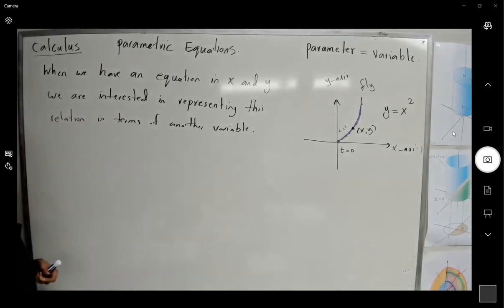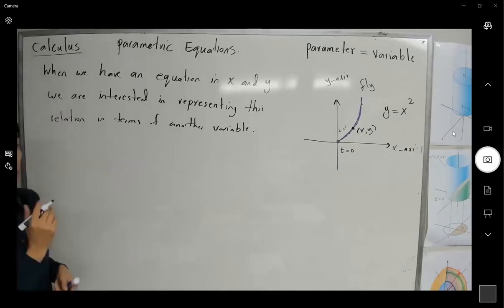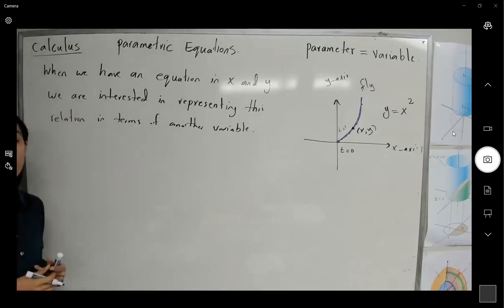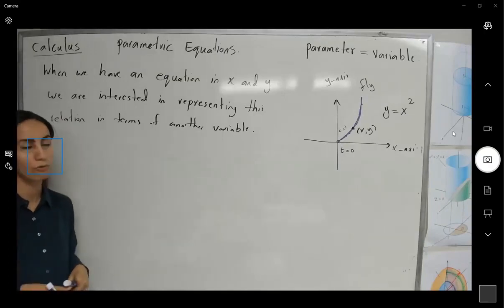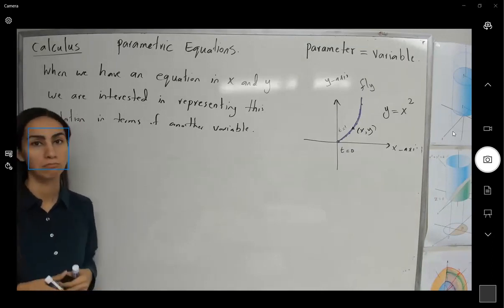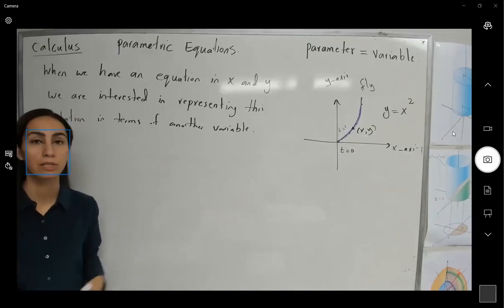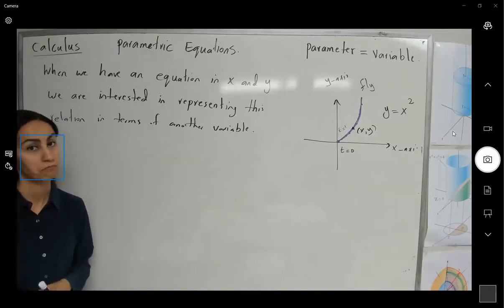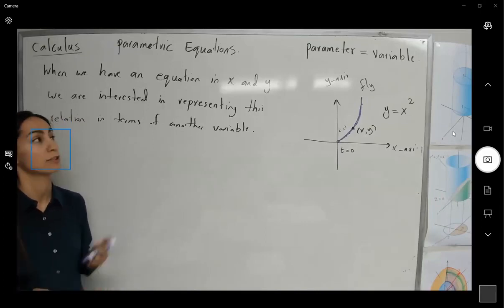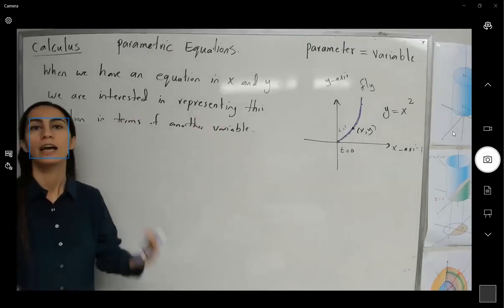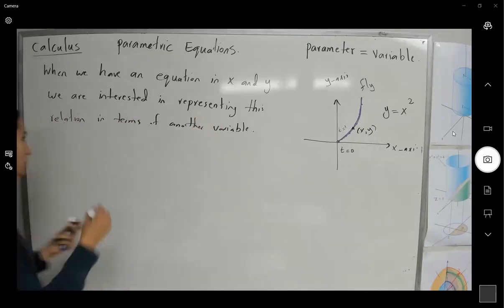Well, in this case, you might say, okay, I can set x equals t and my y is equal to t squared. Why not? You can set x equals 2t, then your y is 4t squared. You can select any variable representing the time yourself. It doesn't change the fact that you're eventually introducing a new variable.